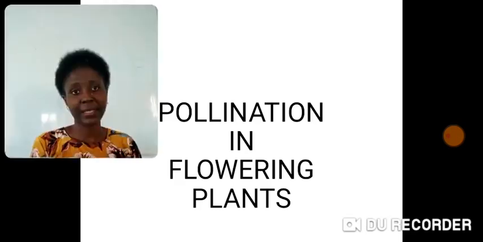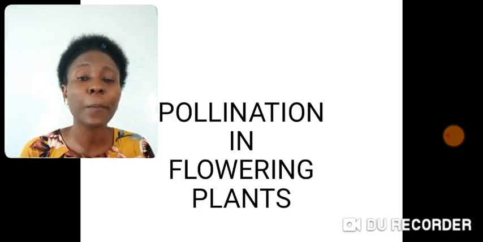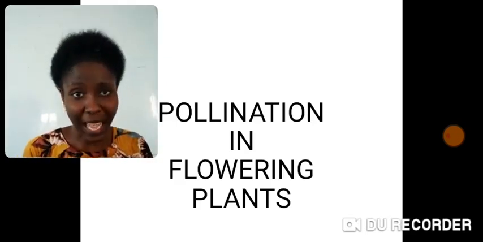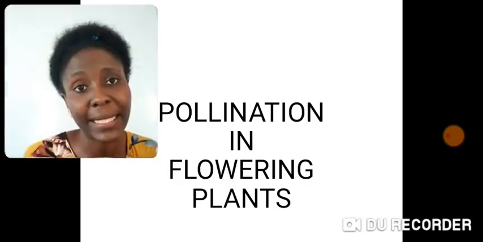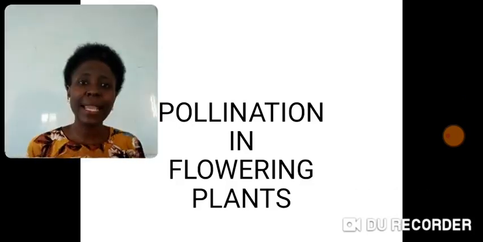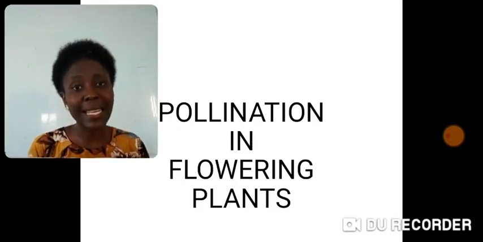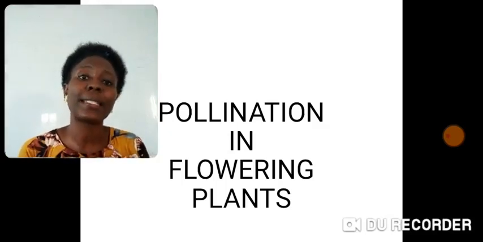Okay? So we want to look at the differences between an insect pollinated flower and a wind pollinated flower. Let's see the differences that exist between an insect pollinated flower and a wind pollinated flower.